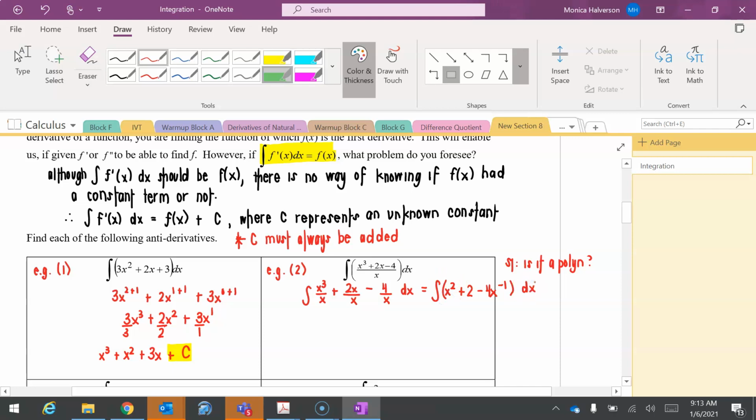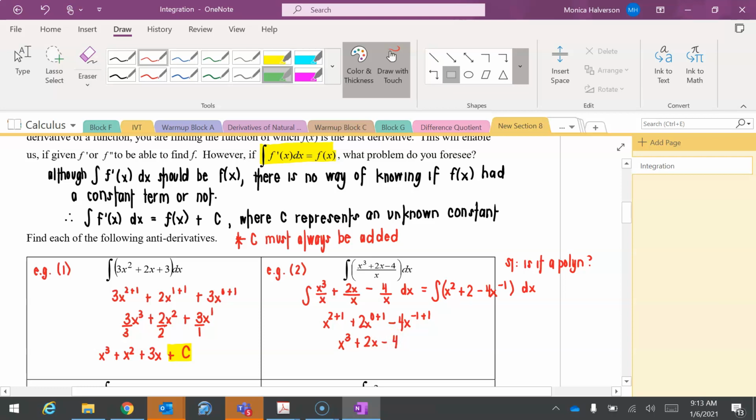So now we can do what we did before. We're going to add 1 to every power, and we get x to the third plus 2x minus 4.